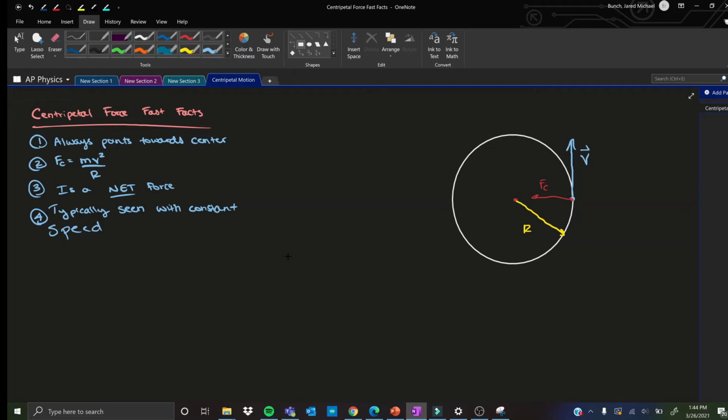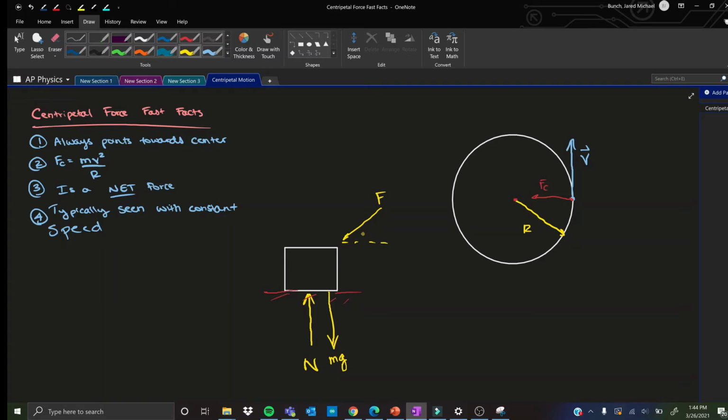So let's just do an example of something in linear motion that we might all understand a little bit better. So let's say you've got an object on the ground and it's resting here. So you would probably have a normal force pushing up on the box. You would probably have a gravitational force going down, and let's say that someone is pushing down on the box with a force F at an angle of theta.